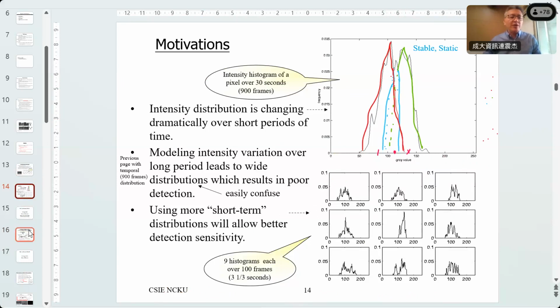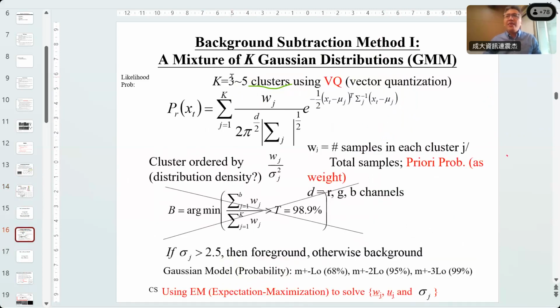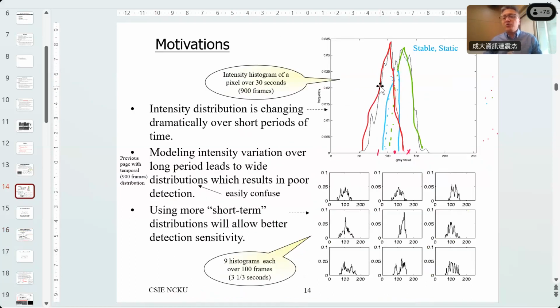So K will be equal to 3. And then VQ will also tell you what's the ratio for each distribution. For example, suppose the area ratio is 5 to 2 to 3. 就它占的那个面积比是假设是5比2比3.